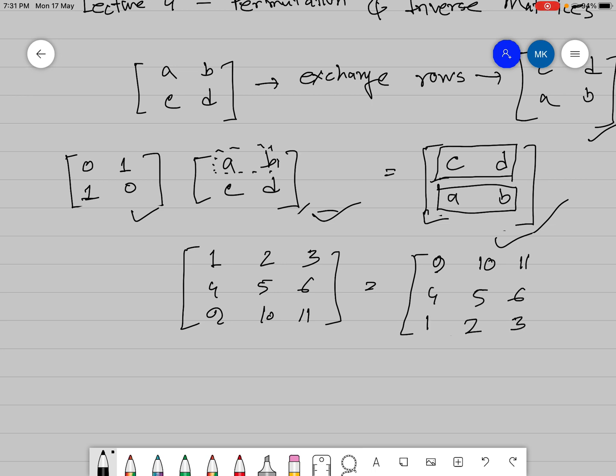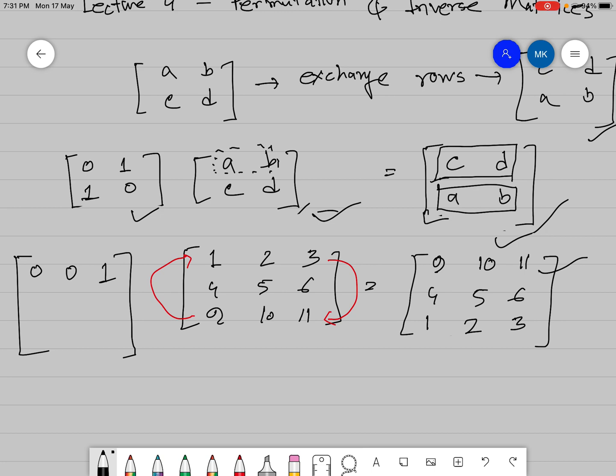As you can see, the first row has become the third one and the third row has become the first one. So what matrix would do that? For the first row, you take none of the first row, none of the second row, ones of the third row, then you will get this output.